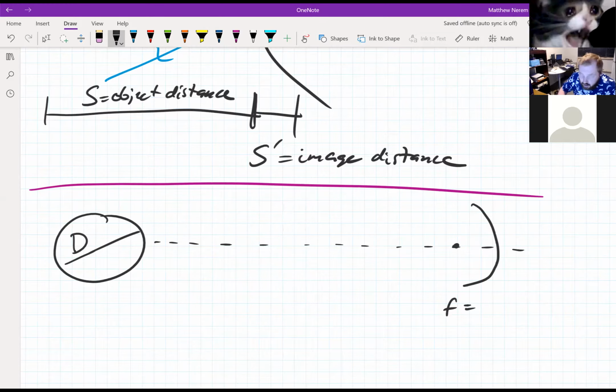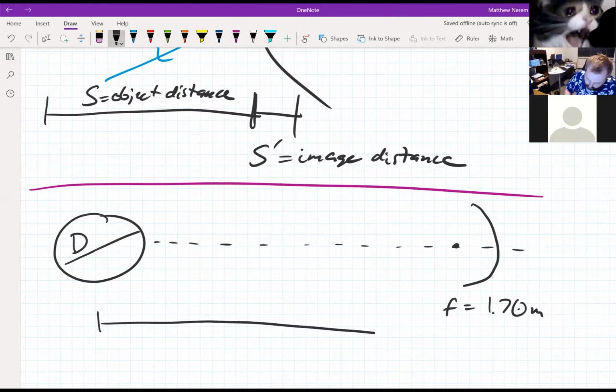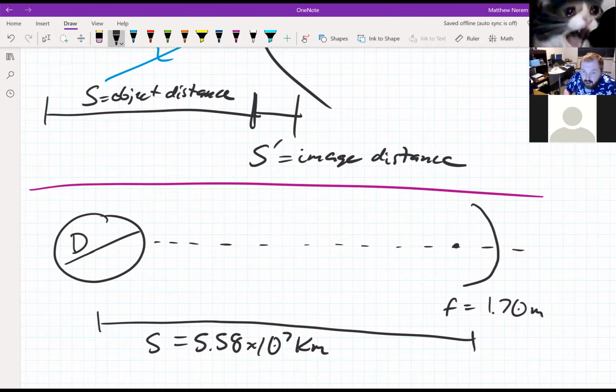F is 1.7 meters. S is the minimum distance, 5.58 times 10 to the 7th kilometers. Find the diameter of the image of Mars formed by a spherical mirror.